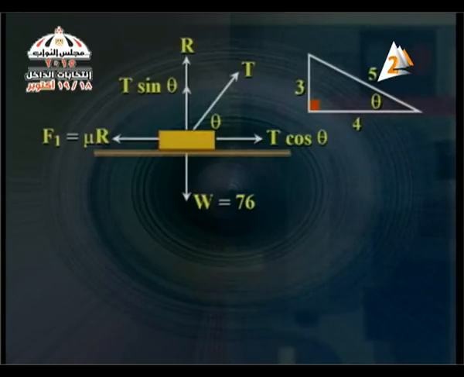T is inclined to the horizontal at an angle of measure theta, and we resolve it into T cosine theta and T sine theta, two perpendicular components.